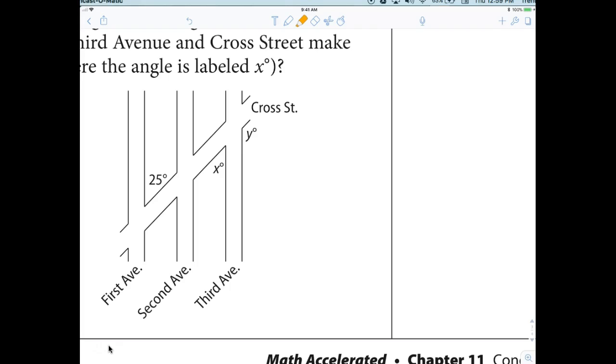And what I mean by that is I'm going to try to draw this out. So when you see this line right here, and you see this transversal, as it's called, right here, and this right here.